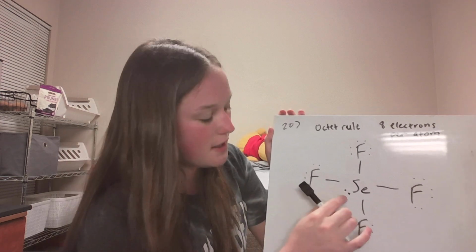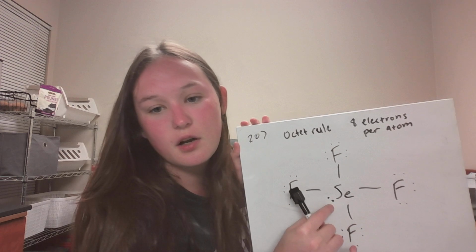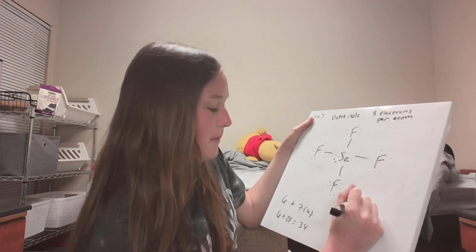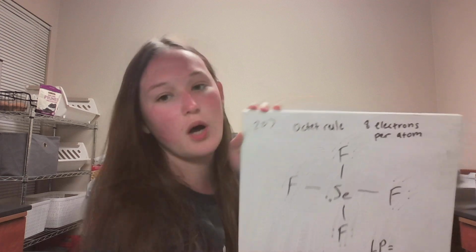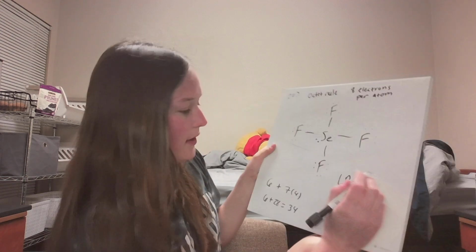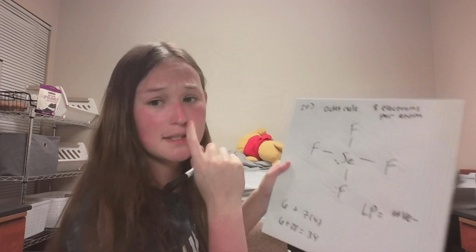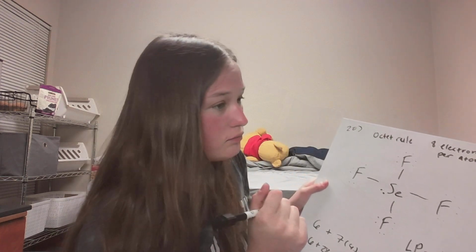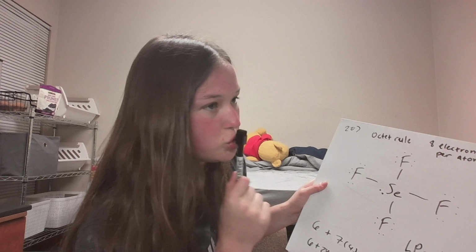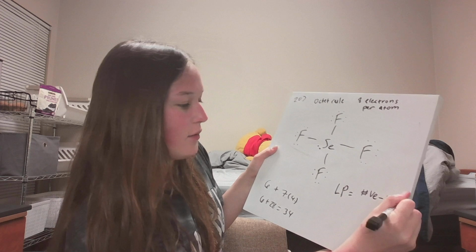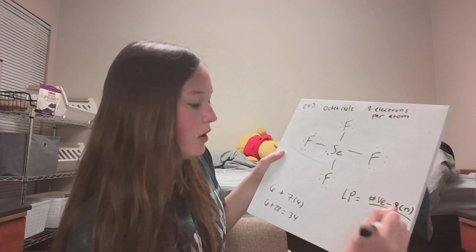Also, we can prove that this has this extra pair on it through math, because we have a lone pair formula. So this could be the number of valence electrons minus 8 times the number of atoms that isn't the center atom, so 8 times, but for this case it's going to be 4, all over 2.